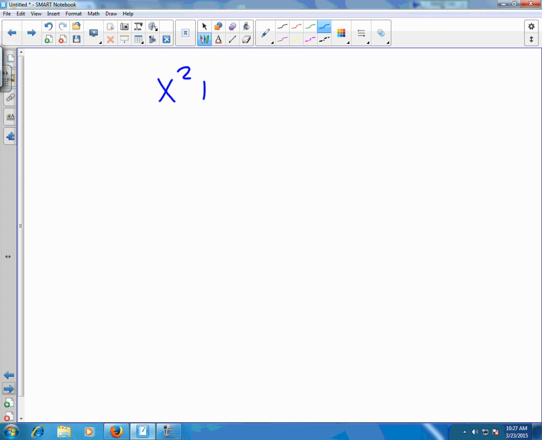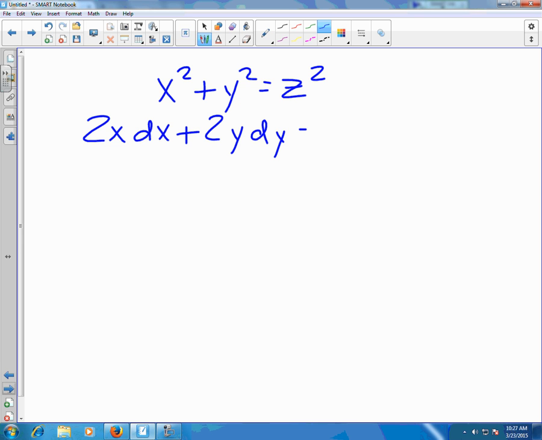Starting with our formula, we're going to do what we've been doing all day so far. Take the derivative implicitly, divide everything by dt. The derivative of x squared is 2x dx, the derivative of y squared is 2y dy, and the derivative of z squared is 2z dz. Divide everything by dt.